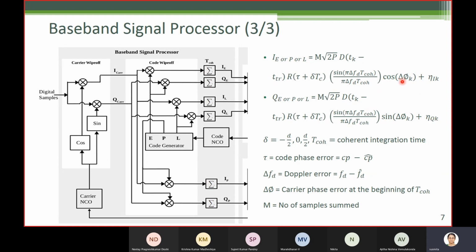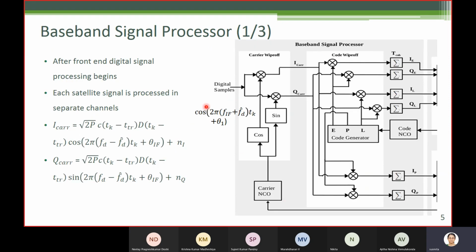What is delta phi? Delta phi is the carrier phase error. What do we mean by carrier phase error? See, the incoming carrier is a sinusoidal function. The replica carrier is also sinusoidal, replica and incoming. So each will have its phase, right? This is the replica carrier.